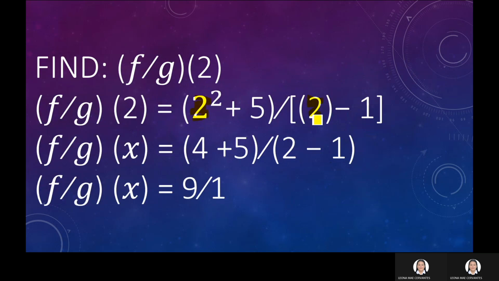So 2 minus 1. 2 squared plus 5, we have 4 plus 5. 2 minus 1. 4 plus 5 is equal to 9. 2 minus 1 is equal to 1. So we have 9 over 1 or 9. If x is equal to 2, then f divided by g of x is equal to 9 over 1 or 9. Okay?